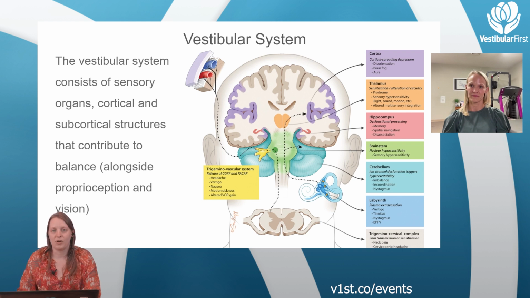So there's a lot of stuff going on with the brain. The brain is awesome. It is wonderful. I always like to tell my patients it's a beautiful learning machine.